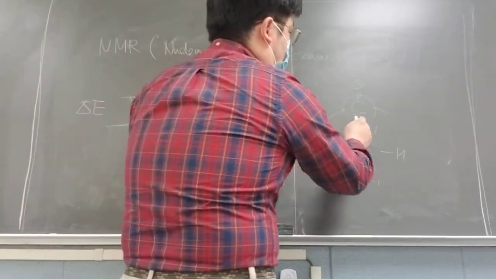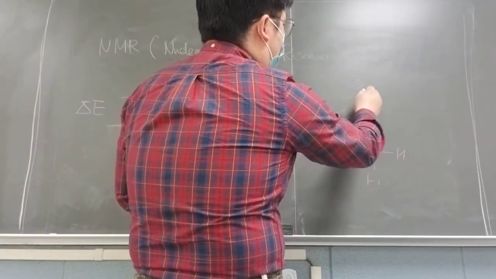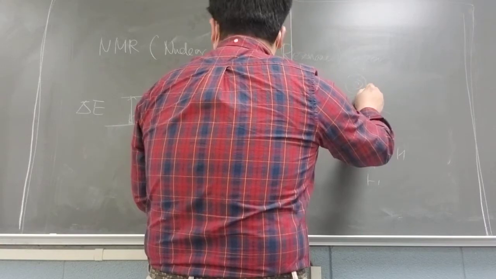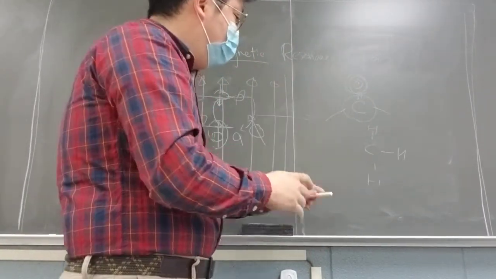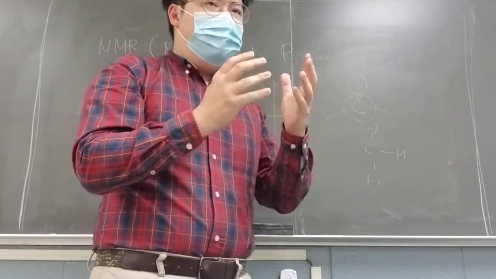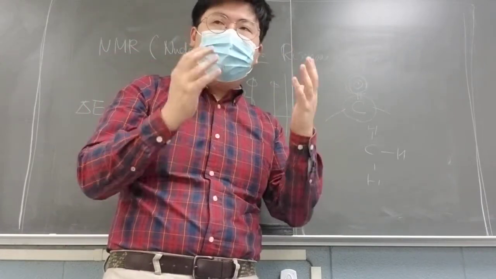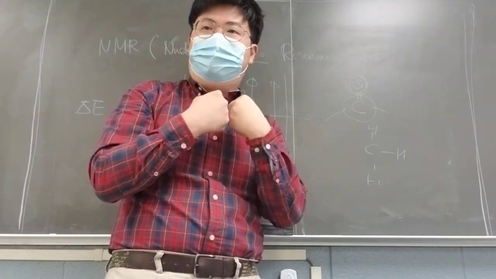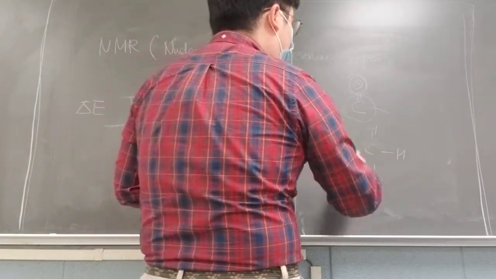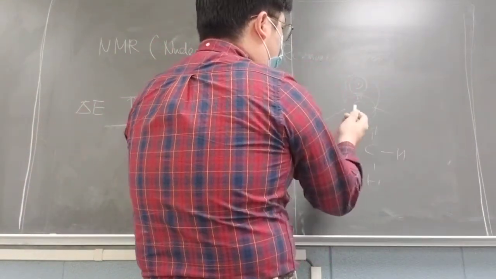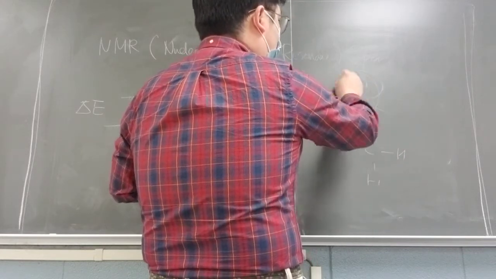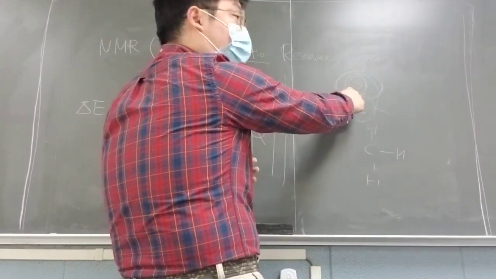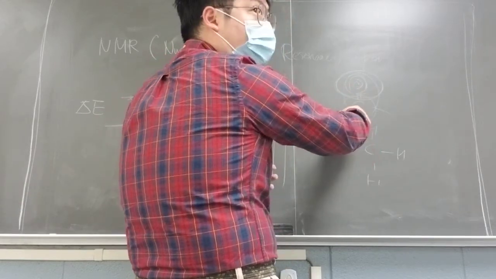So in this case, as you can see, this oxygen is very highly electronegative, meaning oxygen has a higher force to attract the electrons toward itself. So if you have a carbonyl group over here, electron density wise, you have a much darker electron cloud around the oxygen than the carbon.